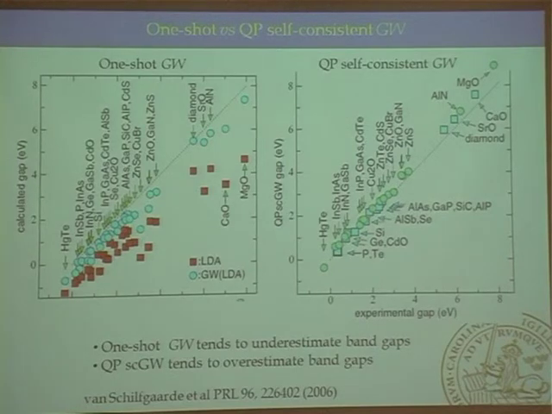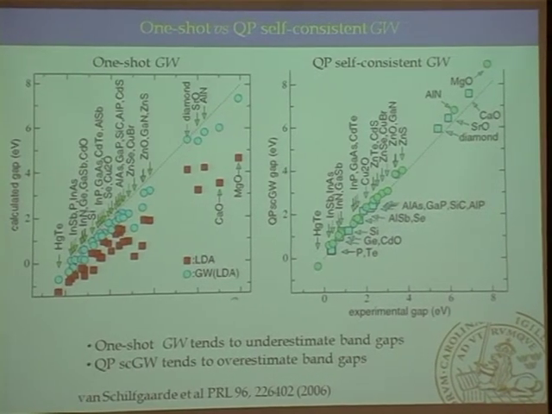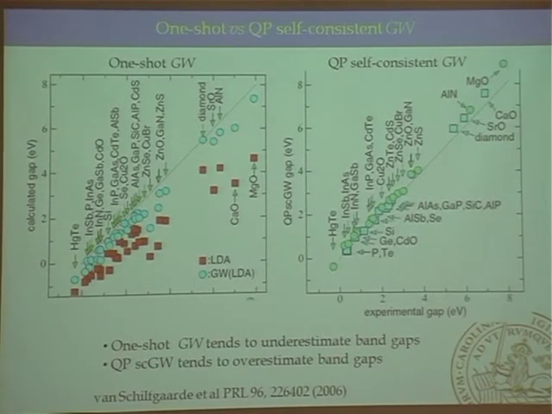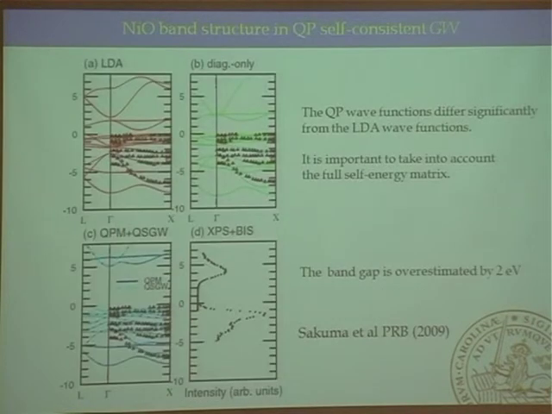So, for example, if you do vanadium dioxide, it turns out that the wave function changes quite a lot when you do these self-consistent calculations. And this is important in opening up the gap. So this is nickel oxide. There's always this controversy between nickel oxide in the Slater picture and in the Mott picture.